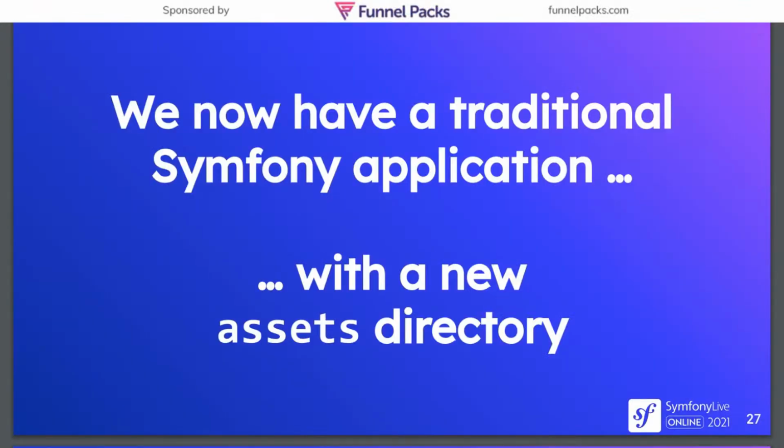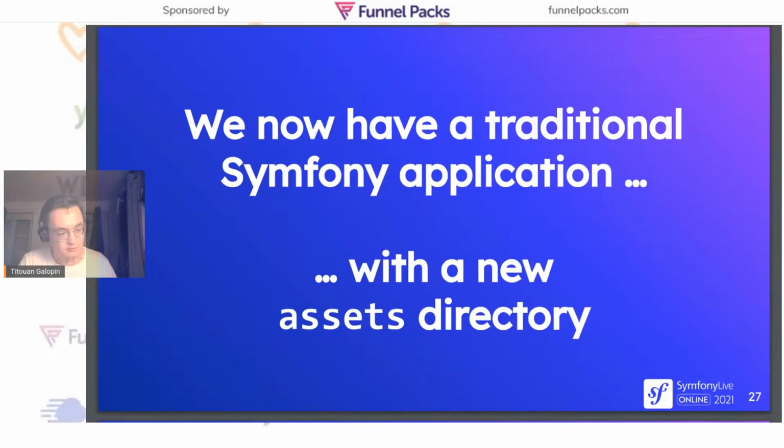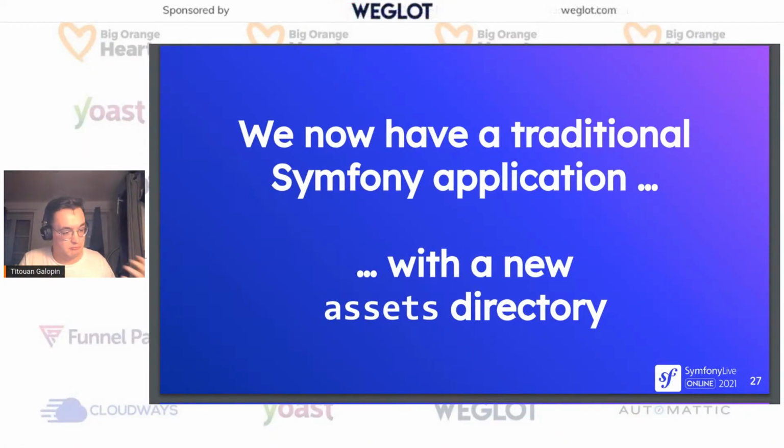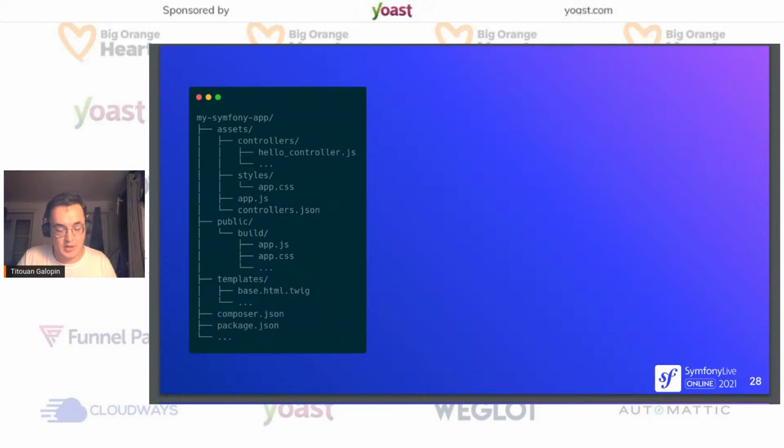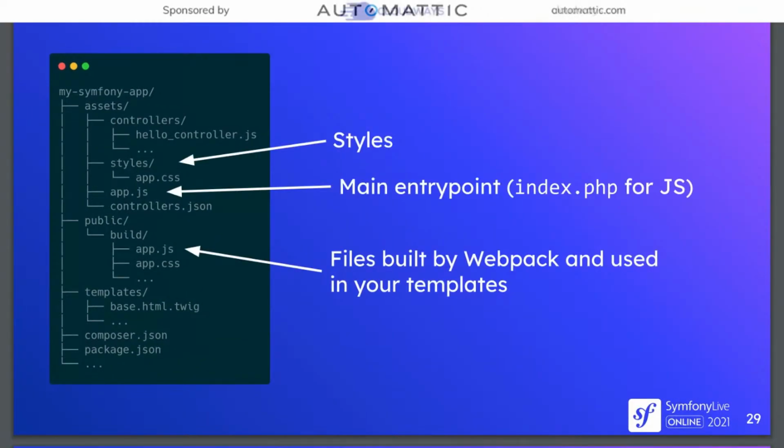So now we have a traditional Symfony application, with PHP, with everything that's usual in a Symfony application. And in addition to this, we have a new directory inside of it. This directory is called assets, and it contains a few interesting things. The first one is we have the usual elements of client-side code.